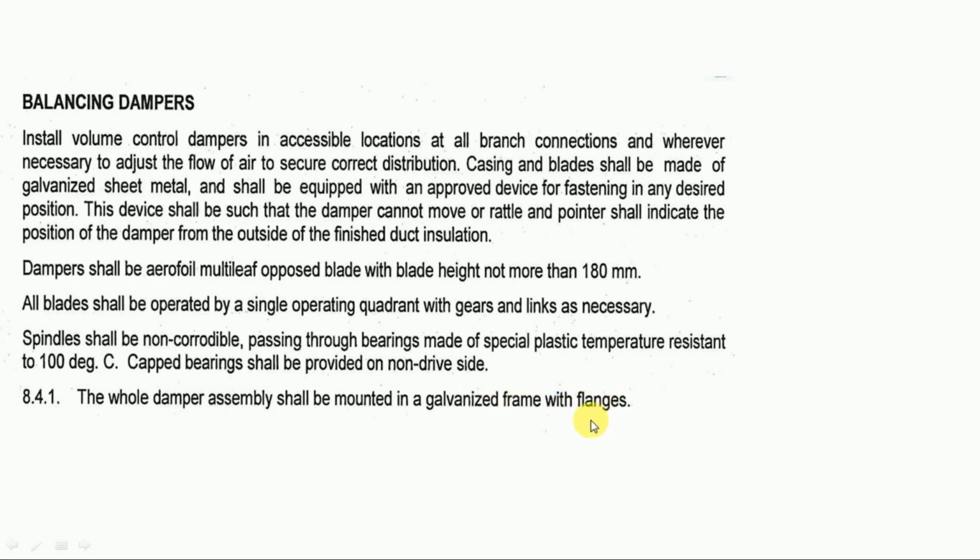We already discussed in the previous video what a flanged type of VCD is. Basically the frame shall have a flange. We explained it already in the previous video. If you have a look at the previous video, you will be able to understand. So basically this is an example of a project specification, and how we select a VCD for a particular project by looking at the project specification.